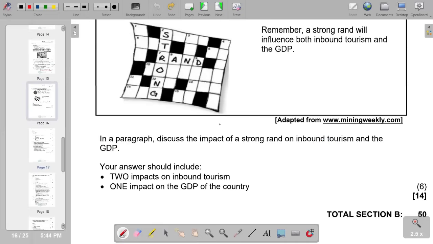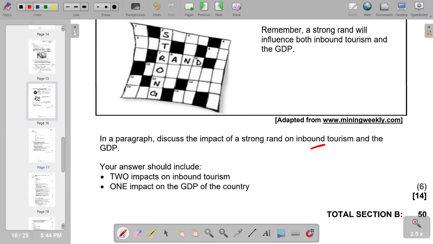Inbound tourism is those tourists that are coming into South Africa. So what is the impact when the rand gains value? When the rand gains value, it means for the tourists, they need more units to buy the same amount of rands. In other words, it's now expensive to buy rands if the rand has become stronger.